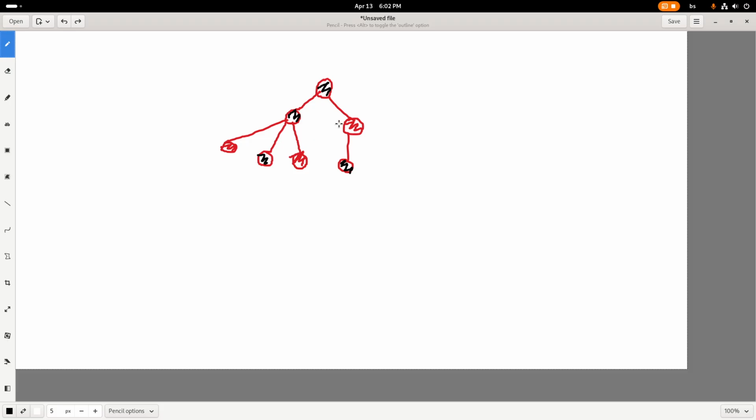Okay, dp of i is the solution to node i, or the subtree of node i.